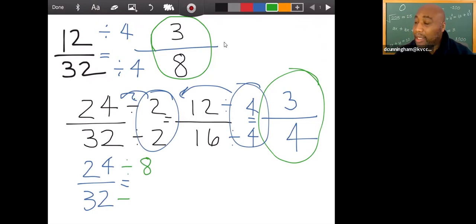Notice I'm going to circle this in orange. We did 2 and then we did 4. But if I do it by 8, we could do it in one step. 4 times 2 is 8. And in this case, 8 goes into 24 3 times, and then we need 32 divided by 8, which is 4.